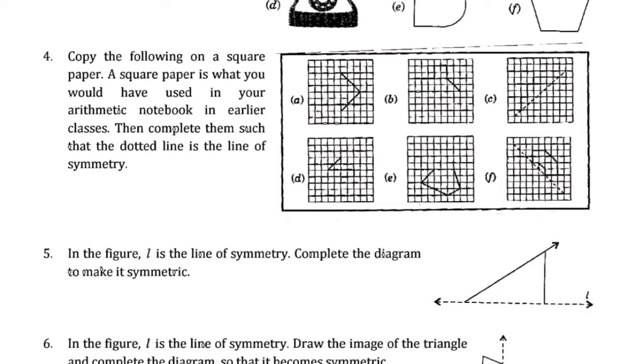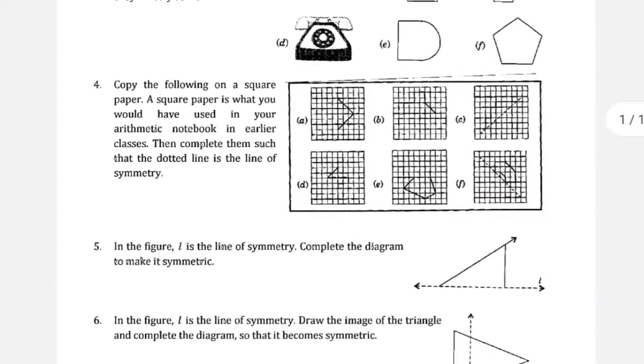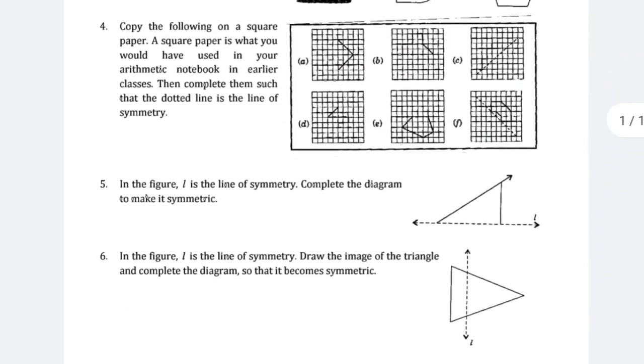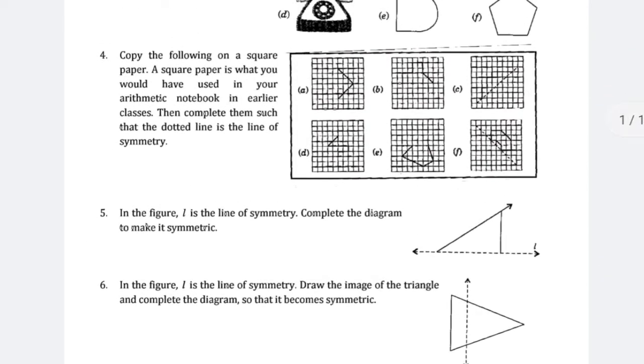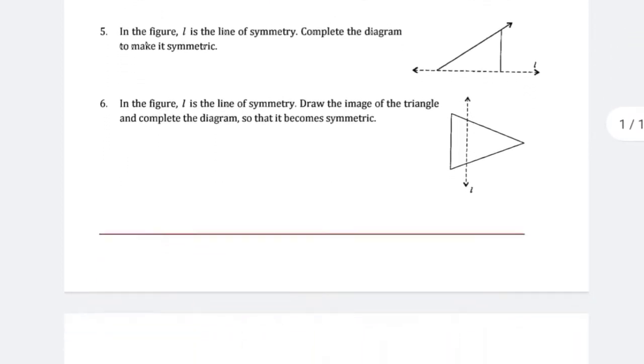See that here they have given us a figure which we want to complete. Here we have to see the symmetrical line of A, B, C and D. So how to draw the same figure with the help of the square grid?